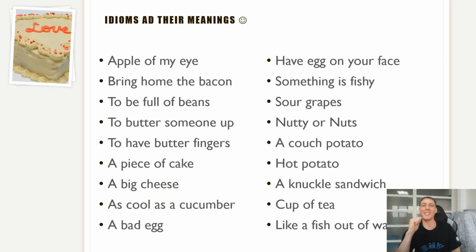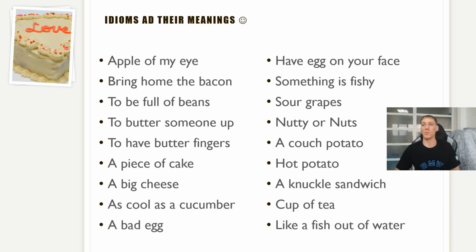Okay, so the next week was idioms, and I gave you a lot of idioms. Remember, it's a communication class, but we didn't have a chance really to use them except for the speaking Zoom class. So think about how we can use them. What are they?